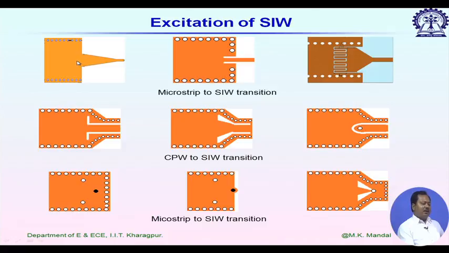How it is done here, you can see a linear tapering is used. Usually, the length of this linear tapering is lambda g by 4 at the center, mid band of frequency, and by using a full wave simulator, you can simply tune the terminating width to obtain a better S11 and S21. Usually, this design is wide band, having more than 40% bandwidth.